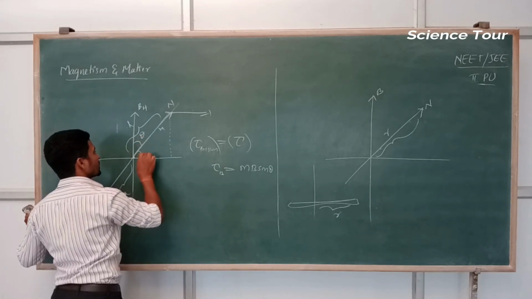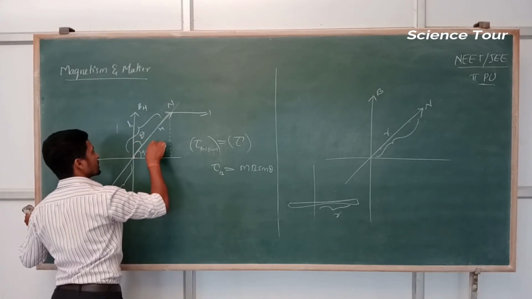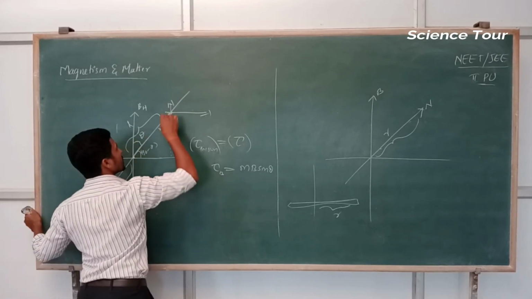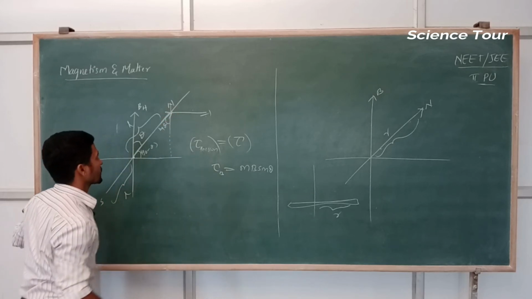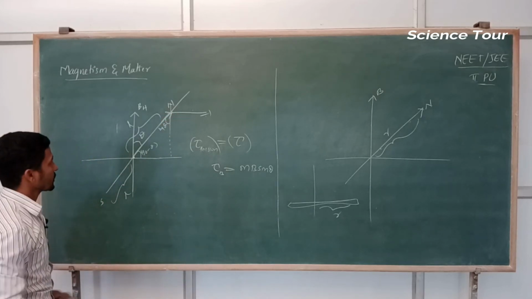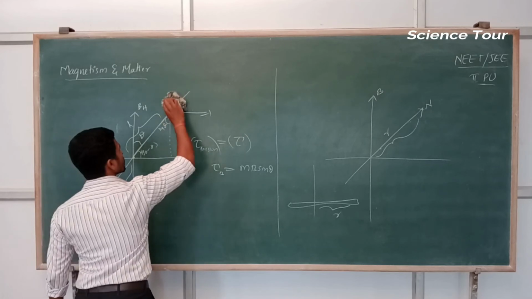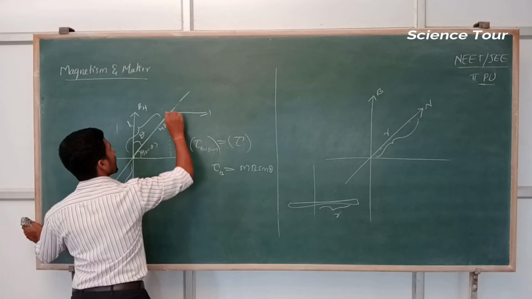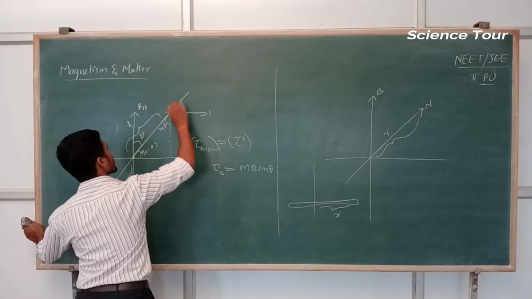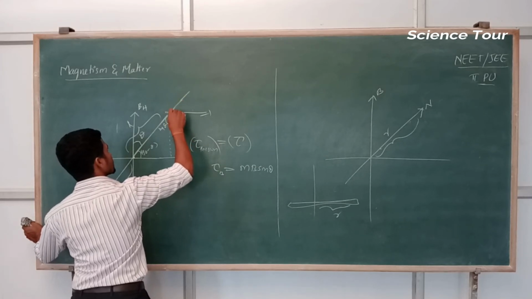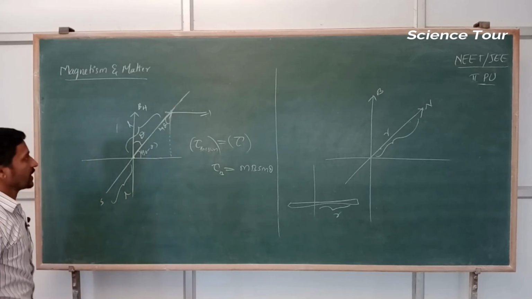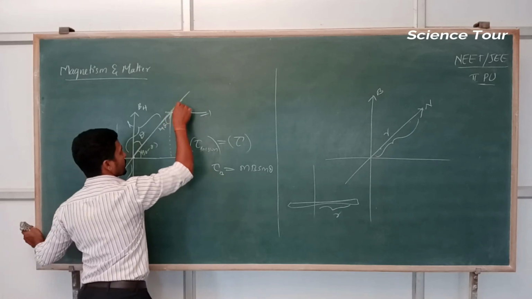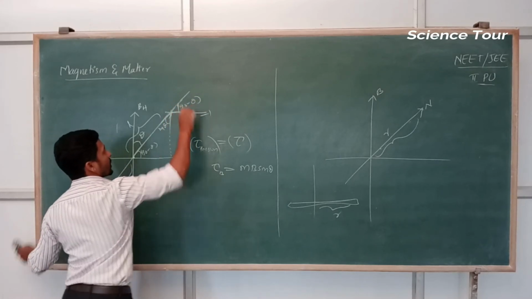So this is theta, which means this is 90 minus theta, and this is also theta. So what is the angle the force makes with the length? That is again 90 minus theta.